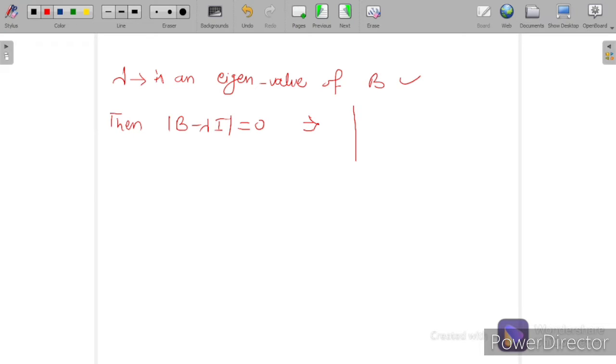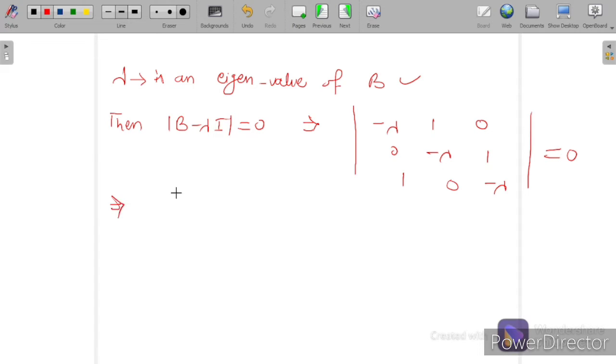This implies that the determinant of the matrix with rows minus lambda 1 0, 0 minus lambda 1, 1 0 minus lambda will be equal to 0.